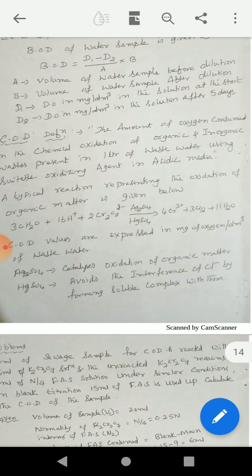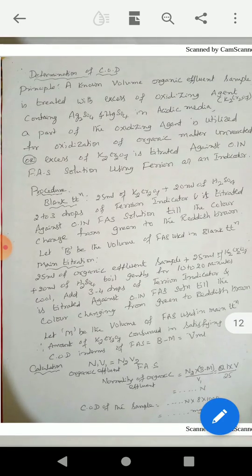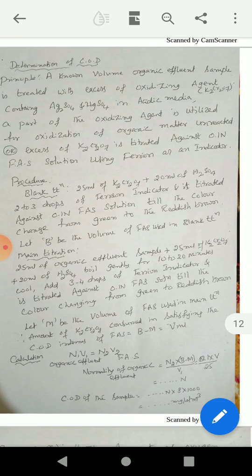Now we shall study the determination of COD value of a water sample. First, the principle. A known volume of the water sample is treated with excess of oxidizing agent, containing silver sulfate and mercuric sulfate in acidic media.